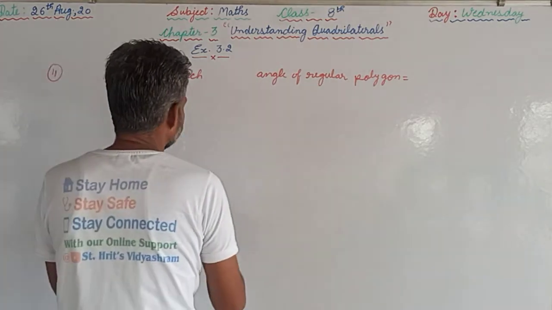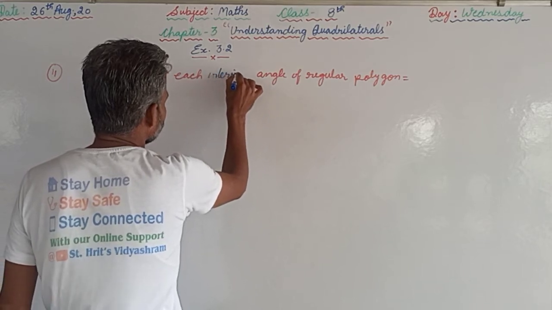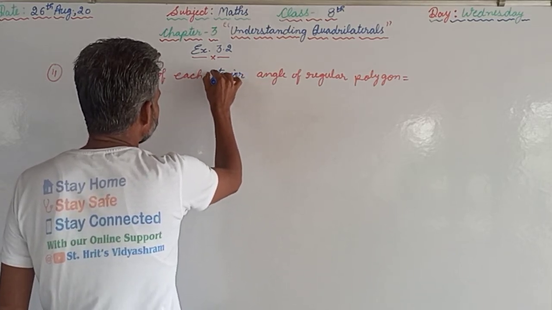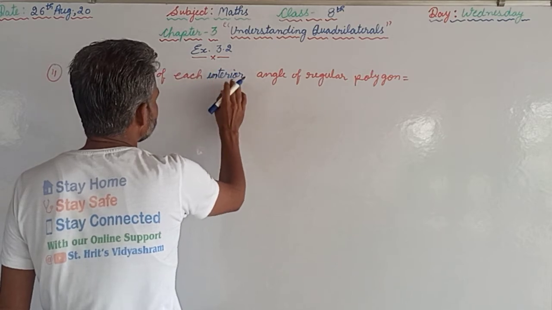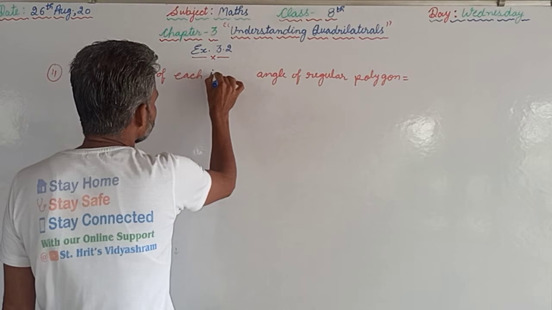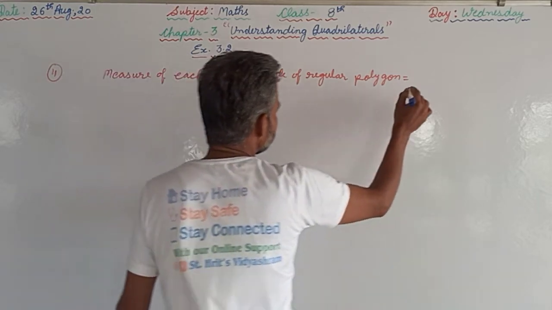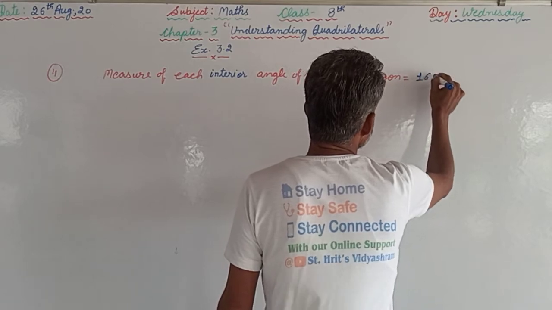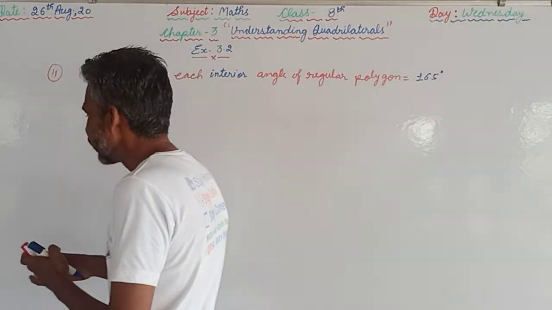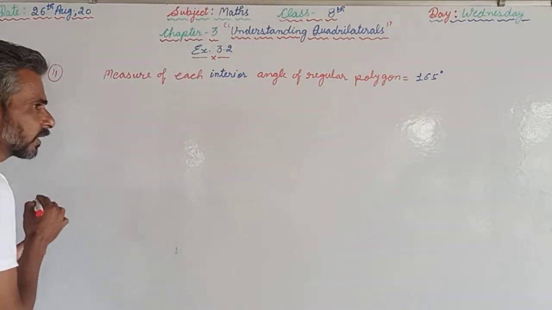Interior angle, I will highlight that. Interior means inside the polygon, exterior means outside, and that is given 165 degrees.